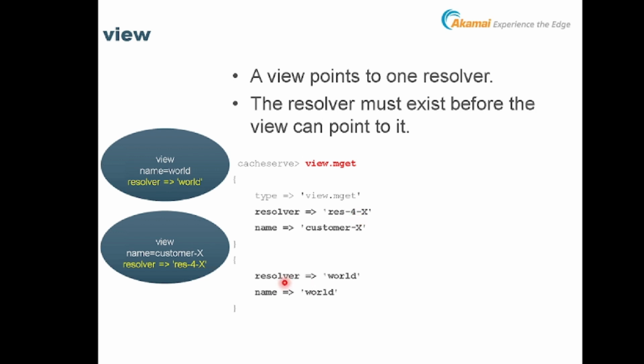Out of the box, there is the world resolver, which is so named because it operates with the natural DNS, which is visible to the entire world. That's where the name world came from for the default. So these views point to this resolver.